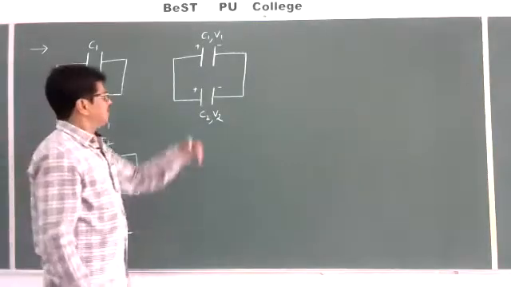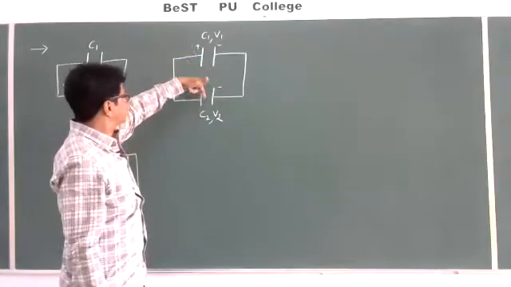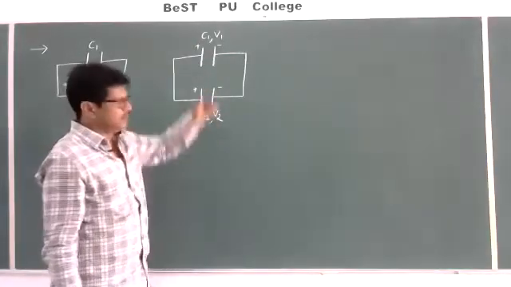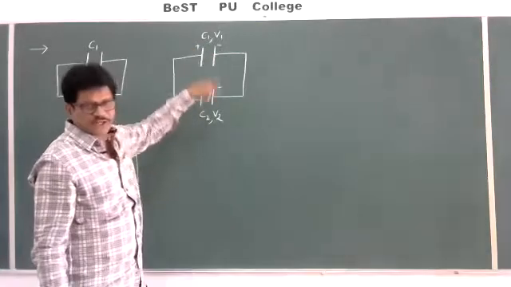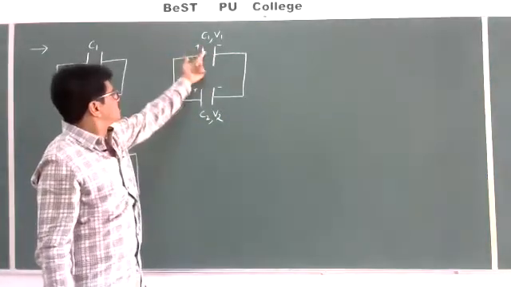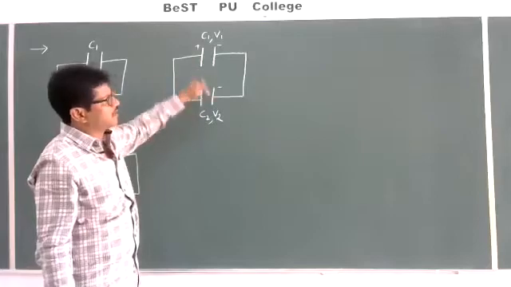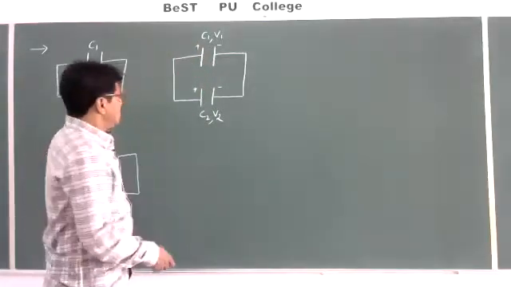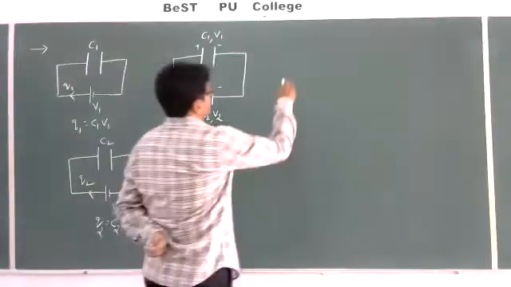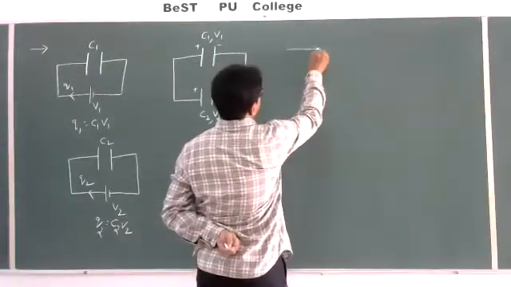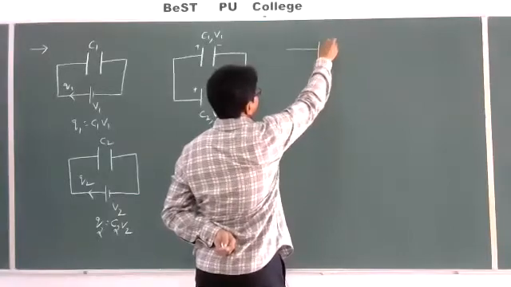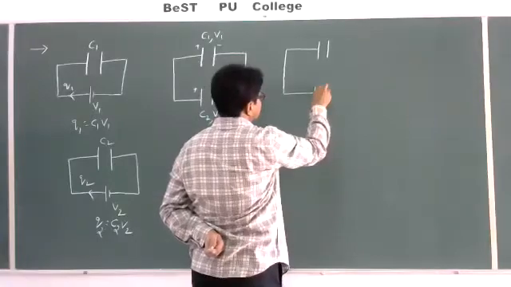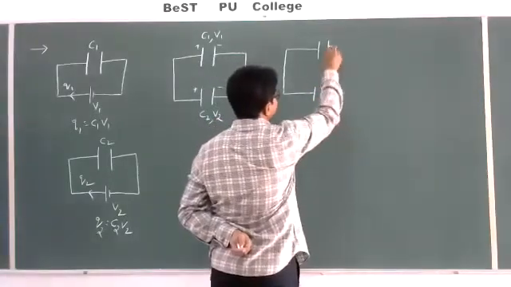Then obviously there will be a transfer of the charge. There will be a transfer of the charges either from this capacitor to this capacitor or this capacitor to this capacitor based on the potentials. Then what will happen? The transfer of the charge will take place until both will acquire the same potential.